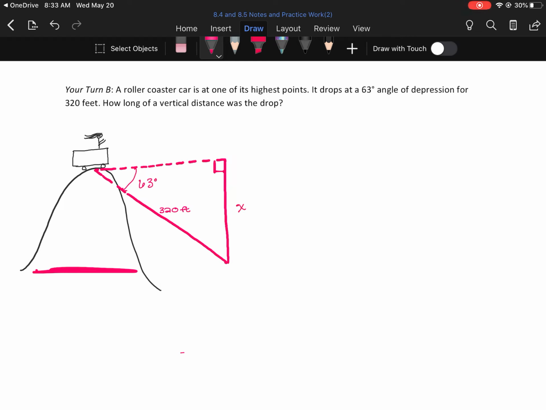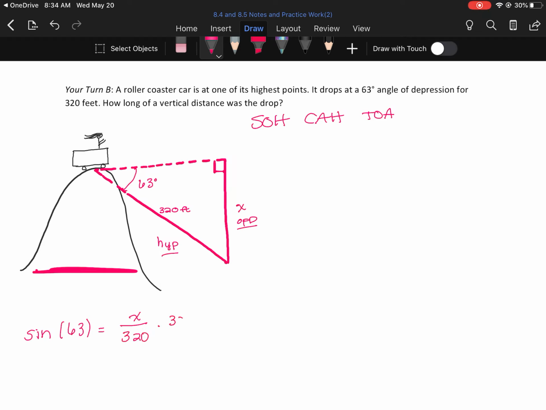All right, so since we have our angle, we have the opposite, and we have the hypotenuse. We have opposite and hypotenuse, that is sine. So we're going to do the sine of 63 is equal to the opposite over the hypotenuse.